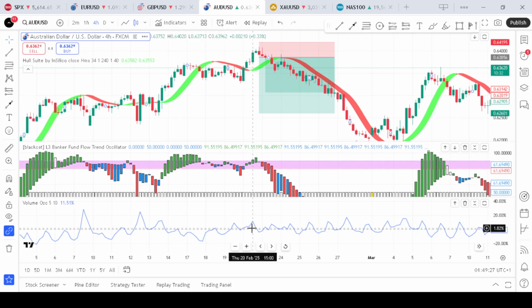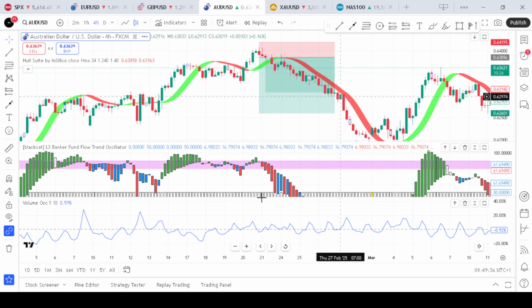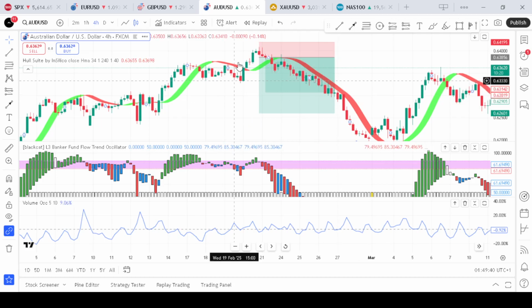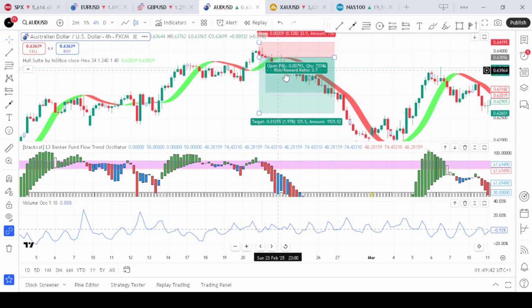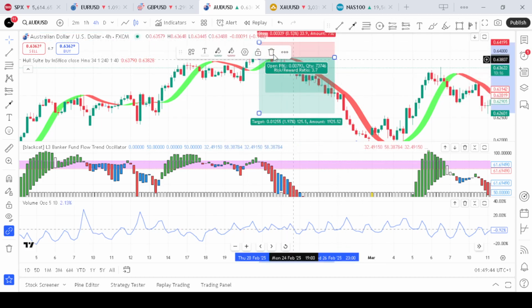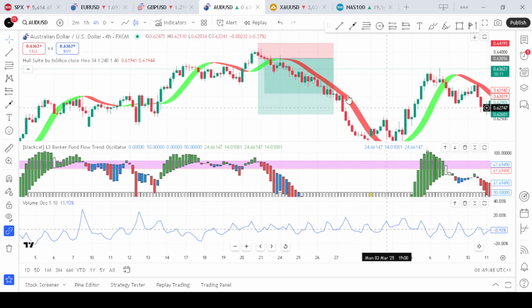This step helps you to filter out false signals and increase the reliability of your trade. So by combining the Hull Suite and the volume oscillator, we can capitalize on the opportunity. The market is in a bearish trend when price is below the Hull Suite indicator. When price is above, we are looking for buying opportunities.